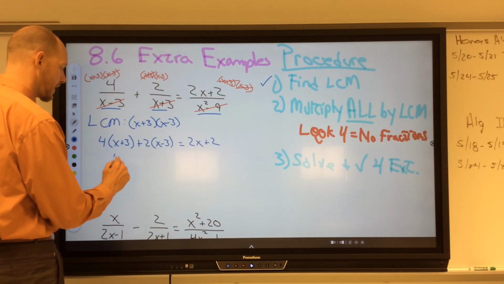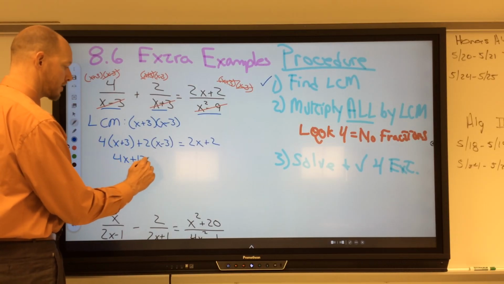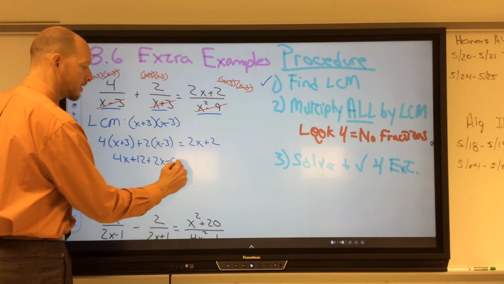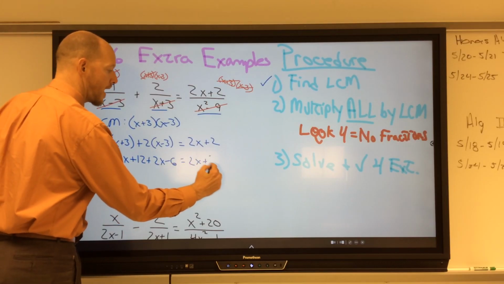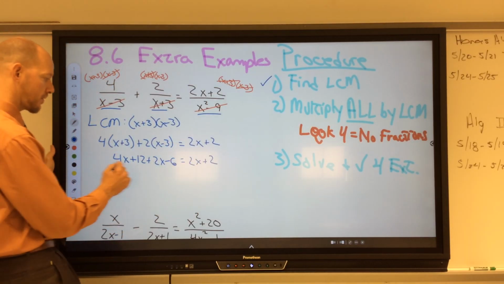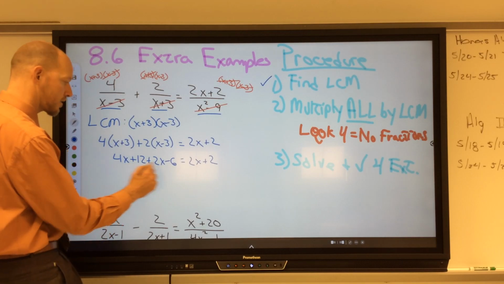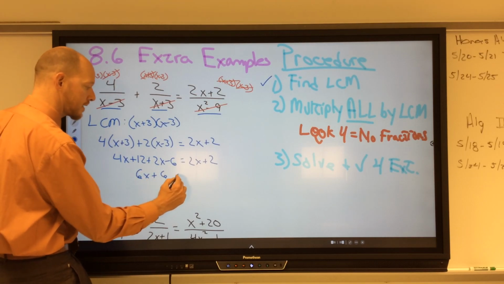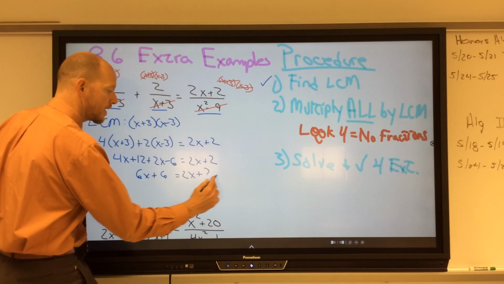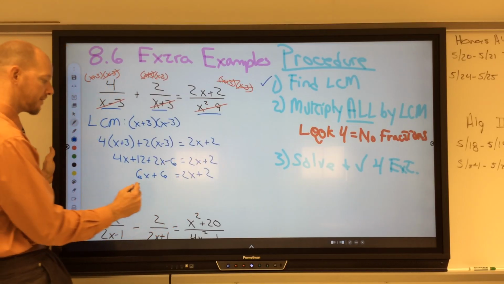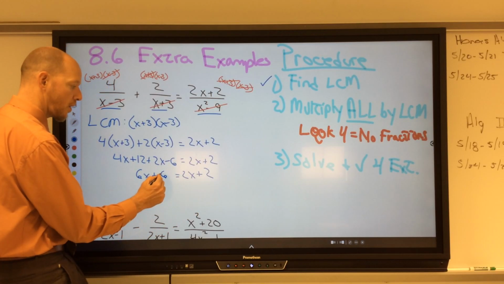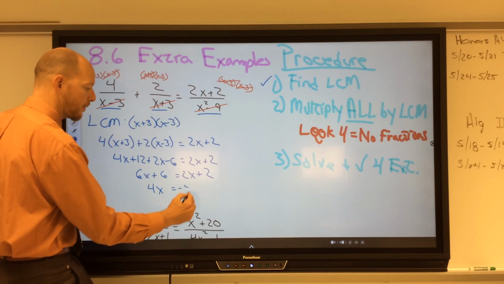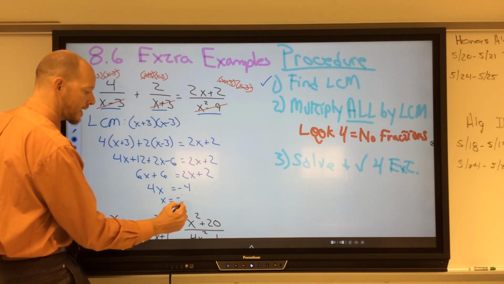In solving this, I'm going to just go through my procedure of distributing. I'm going to combine like terms, so 4x and 2x gives me 6x, 12 and negative 6 gives me plus 6. I'm going to bring my x's to the left to get a 4x, constants to the right to get negative 4, x equals negative 1.